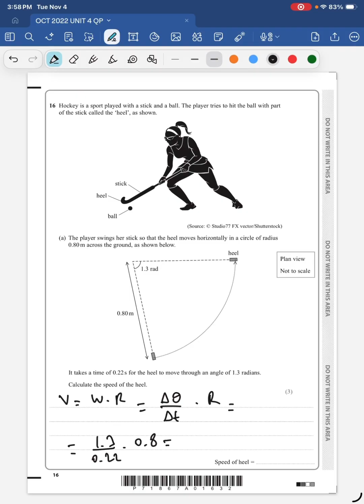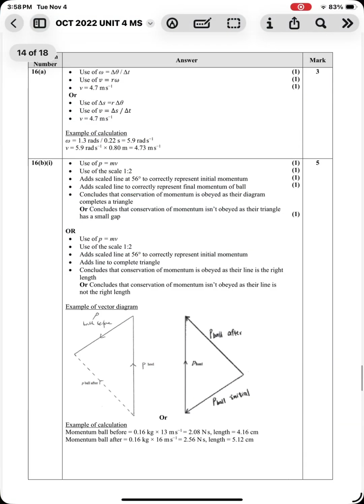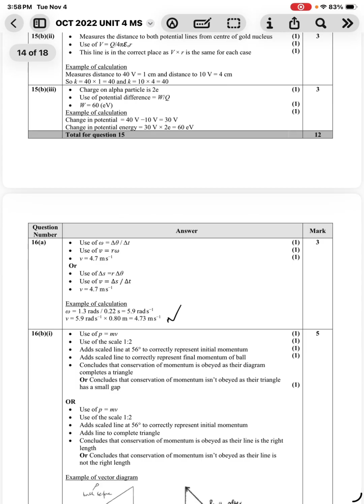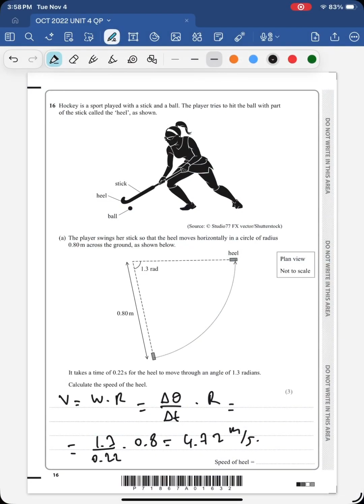If we do this calculation, which for some strange reason, I'm sorry, I don't have in my notes, and I have to perform live, we get 4.72 meters per second. Okay, and if we go to the mark scheme, which I opened, it's over here. Okay, 4.72 meters per second. Okay, let's move back. All right.